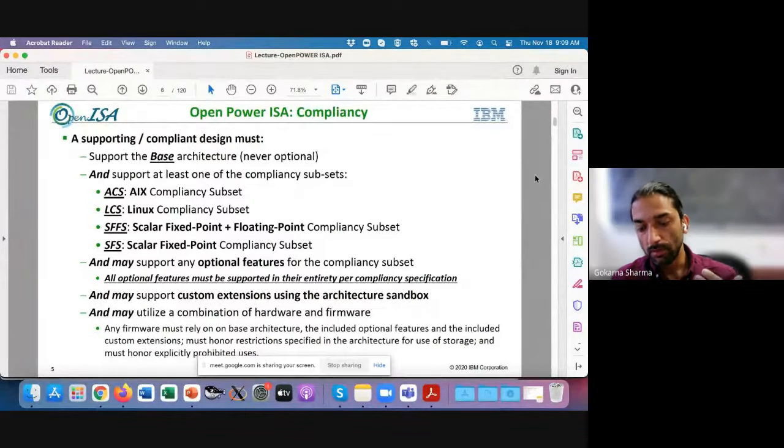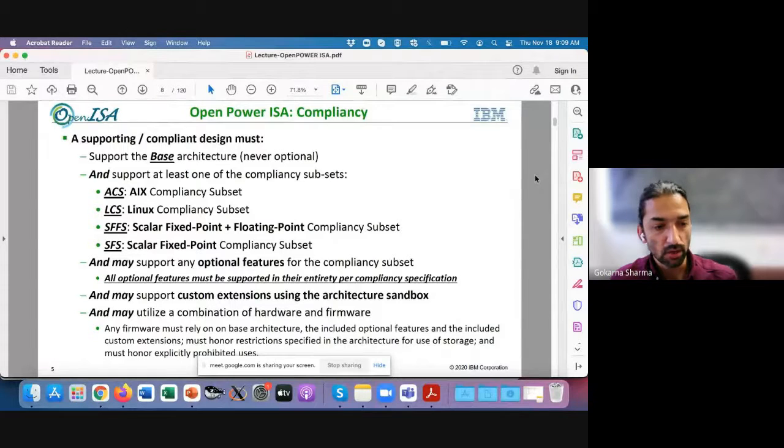But if you come up with efficient hardware that supports it, but the instruction is not there, then you are not utilizing enough of the functionality given by the architecture itself. So this is a two-way process. Innovation in one area depends on innovation in the other, and they have to go side by side. It also may utilize a combination of hardware and firmware.